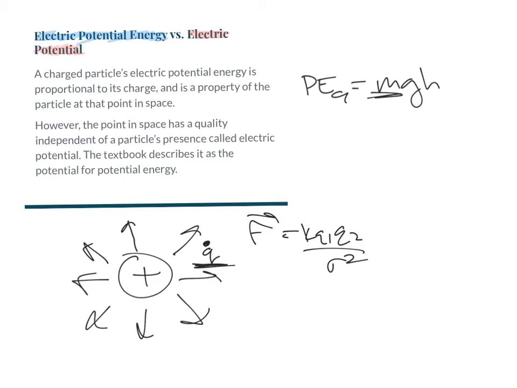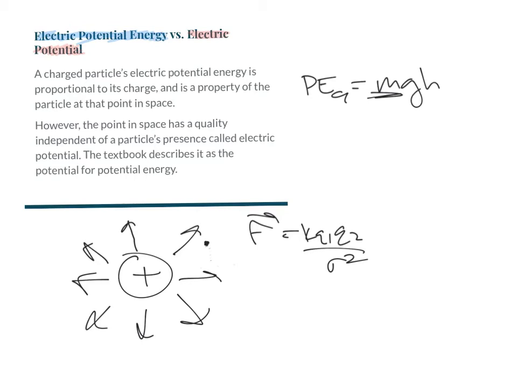However, electric potential is looking more at the way the electric field is at that point, and is not dependent on the test charge. Let's see, I'm going to erase this little Q. So potential energy is for the specific charge, but electric potential is looking at the field at a point. So at this point, we're going to look at the potential that's generated by the field.